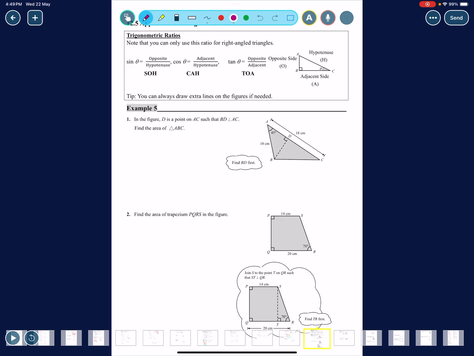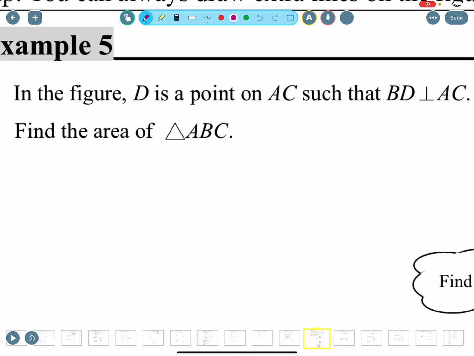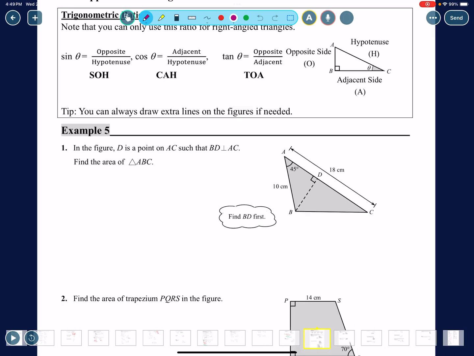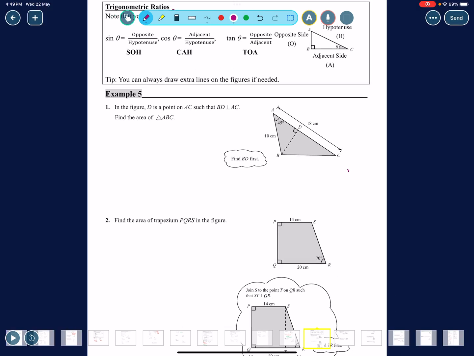This is a SOHCAHTOA sine, cosine, tangent chapter, so most likely you have to use SOHCAHTOA. Sometimes they ask you to find area, right? But sometimes for area you need to find, let's say, the height of the shape, base times height of the triangle. So you need this BD over here to get the area of the triangle. Anyways, I trust you can figure your way out.